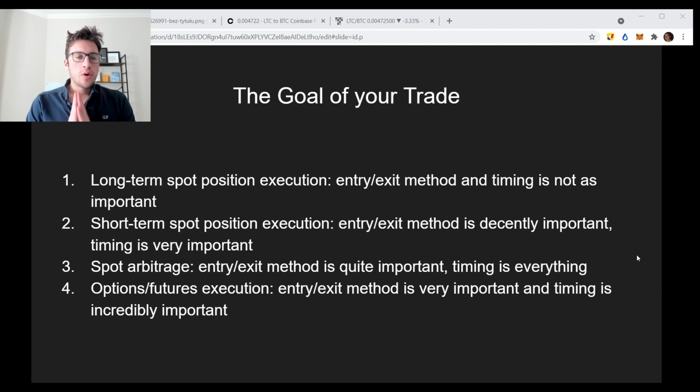All right, so what are the goals of every trade when it comes to execution? I'm going to run down these really quickly. If we're getting into a long-term asset position, like let's say you are looking at buying BTC in 2015, buying it at like $45 versus $45.2 way back then probably wouldn't have mattered.